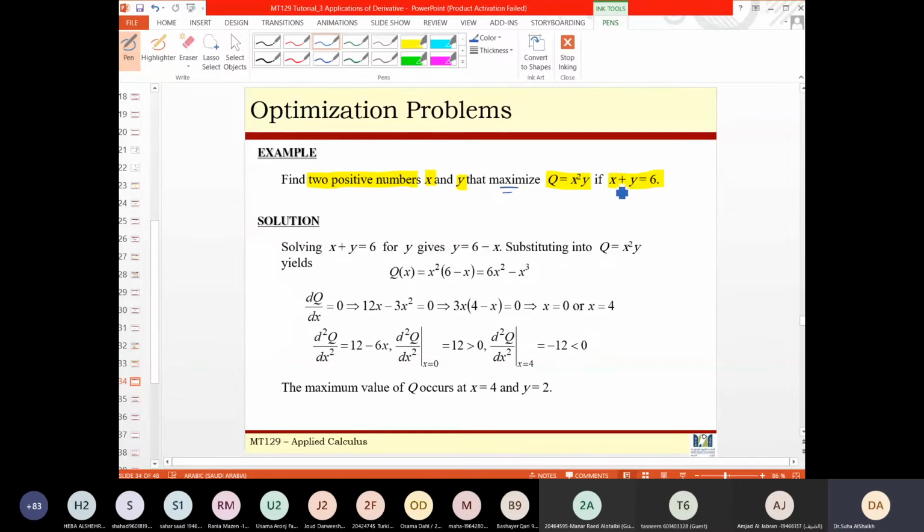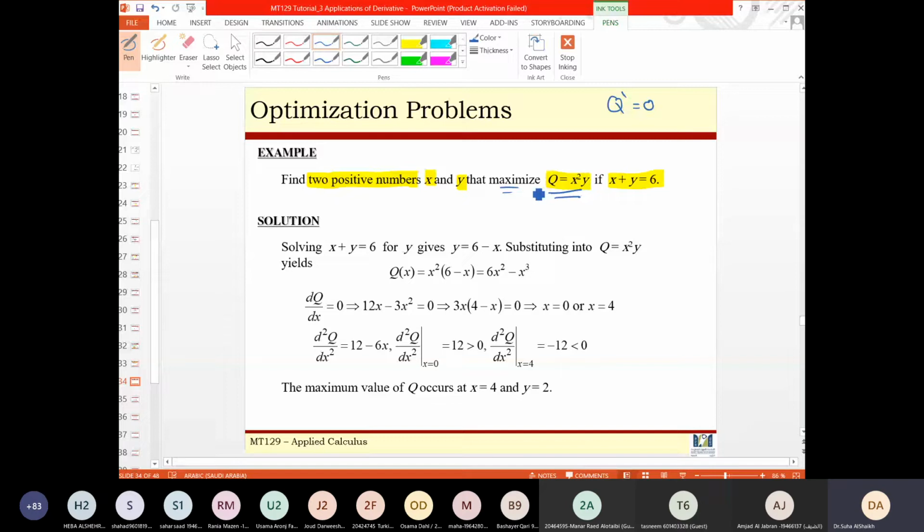الحين كلمة maximize على طول معناها derivative equal to 0 to get the maximum value صح؟ إيش يعني maximize؟ يعني make it a maximum. الحين we just talked about maximum values. How can I get the maximum value? By finding the q dash. مثلا هنا the function is q. So I find the q dash, I let the q dash equal to 0, I get the value that will make this a maximum.